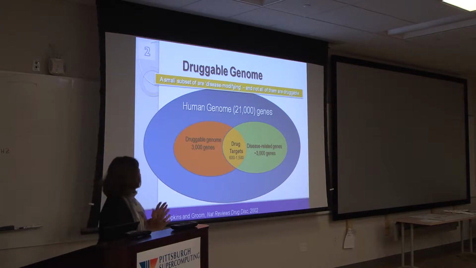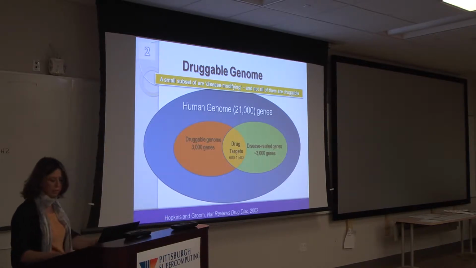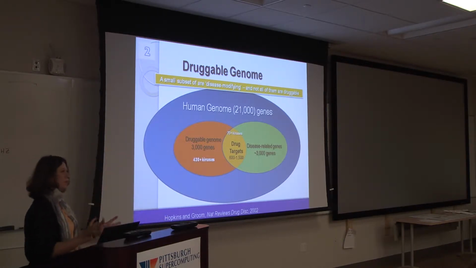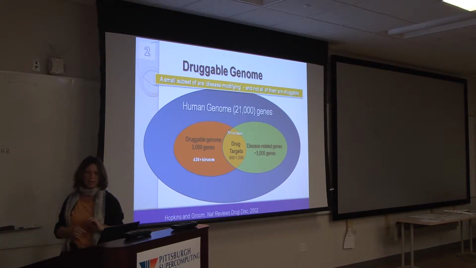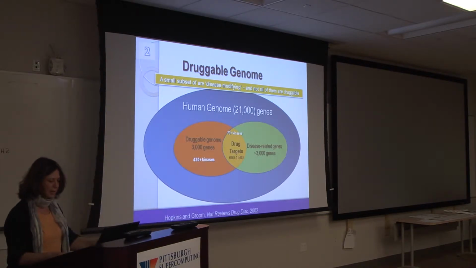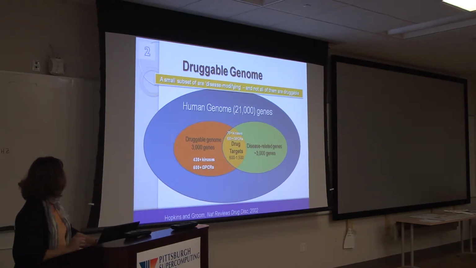To avoid all these things, you need to make sure that in the first place, what you are aiming at is a protein that is druggable. Okay, these were a few concrete numbers that he had.